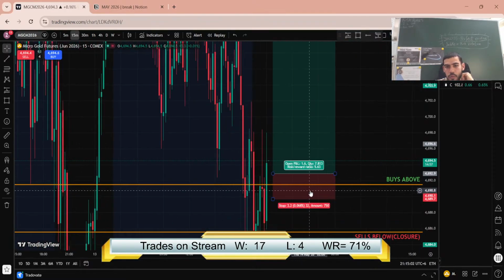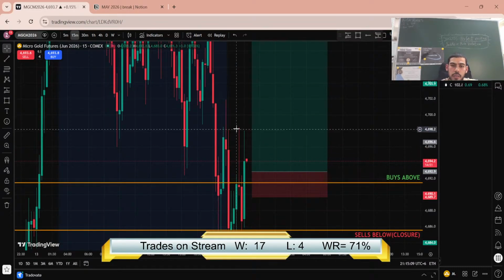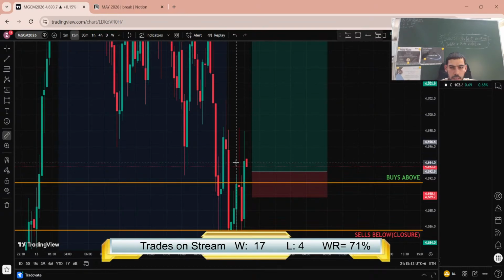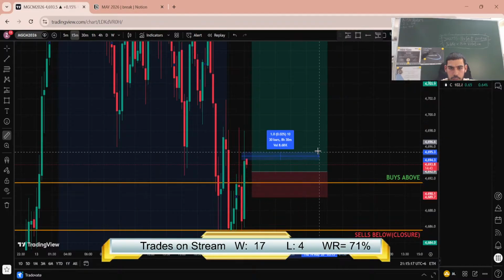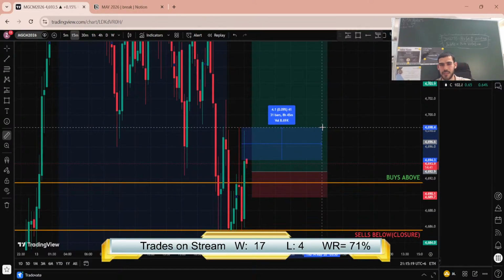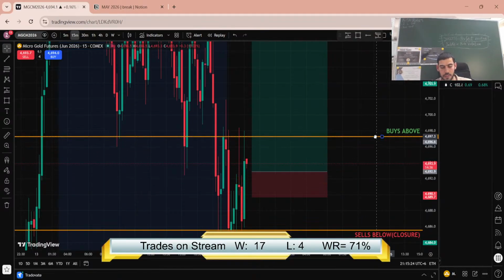Oh wow, so we got this candle closure now. Let's see if it can create a nice steeper bottom wick. Let's see. Man, that's a very small range actually, very small range.